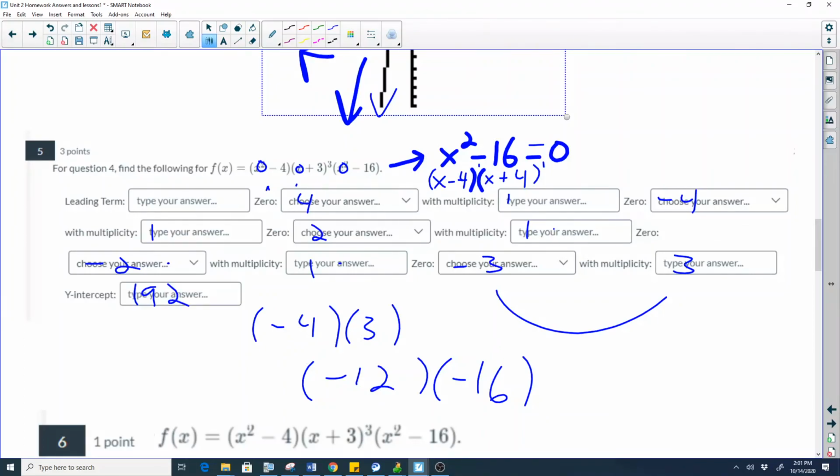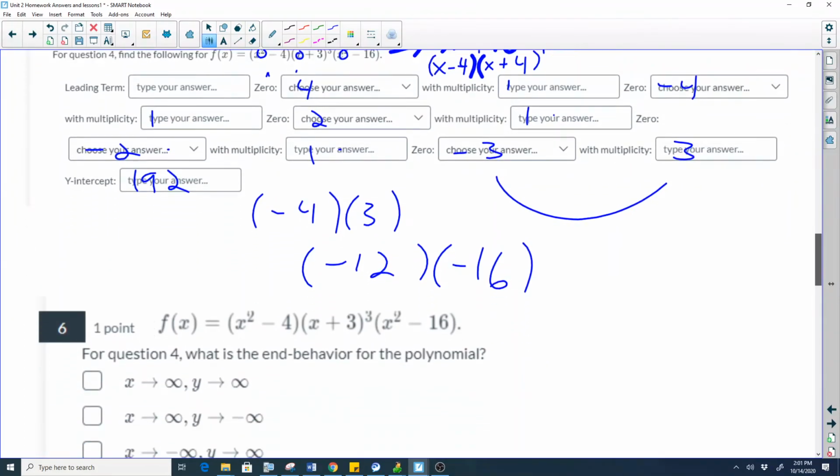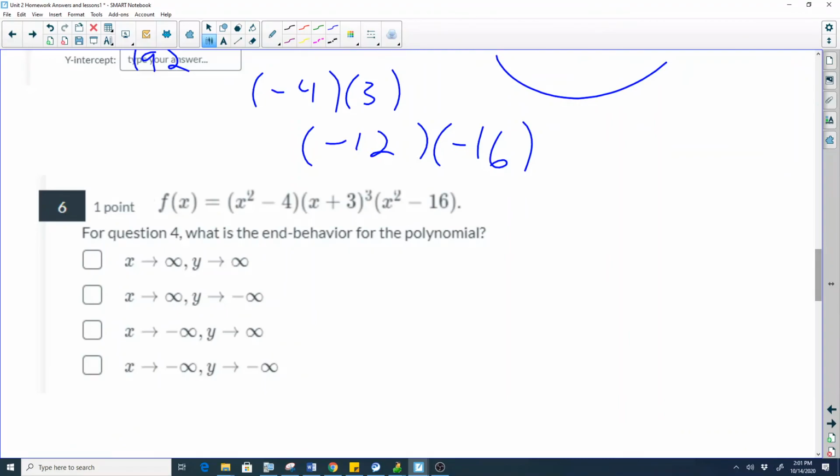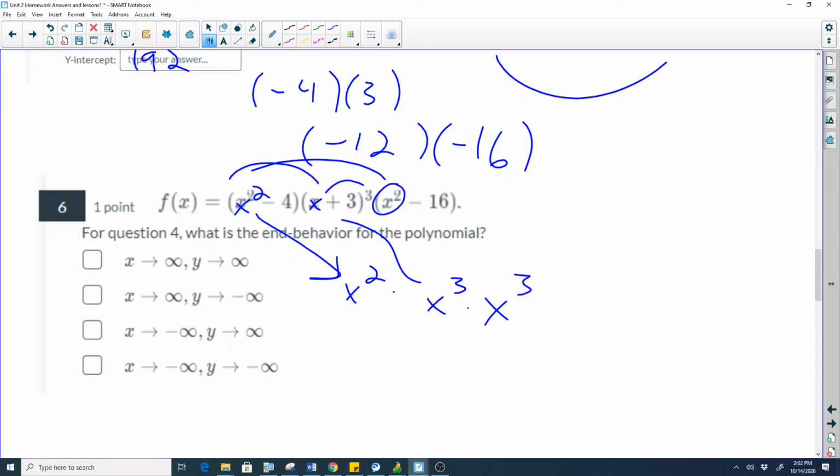Cool. So then don't forget to do this guy right here. So remember, to find this, you got to look at the end term. So this is x technically to the third power. So we have x squared from here, and then we have x to the third power technically, and then also x squared. And so you're basically multiplying those, so you'll end up with adding those powers.